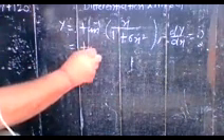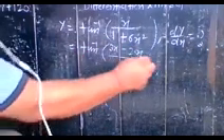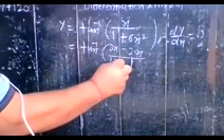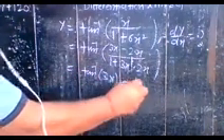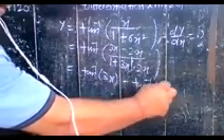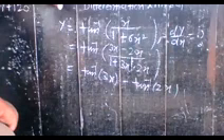So that can be written as tan inverse of 3x minus 2x divided by 1 plus 3x into 2x. Understand? And here you have the identity that this is equal to tan inverse 3x minus tan inverse 2x.